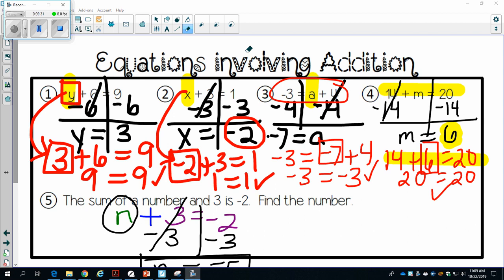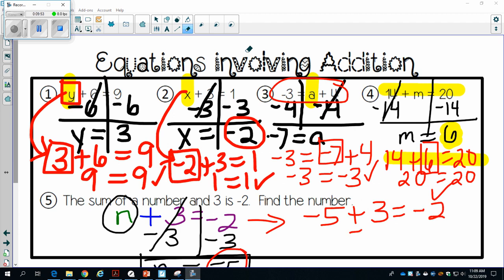So that's my solution. But now let's try our check. Our check, we're going to do over here on the right. If negative 5 is n, I'm going to rewrite this equation. Negative 5 plus 3 equals negative 2. Negative 5 plus 3 is negative 2.